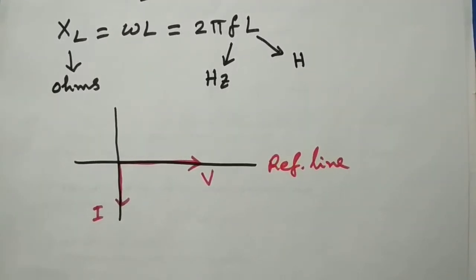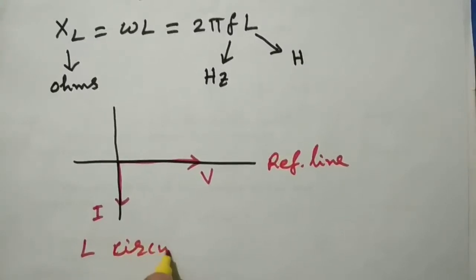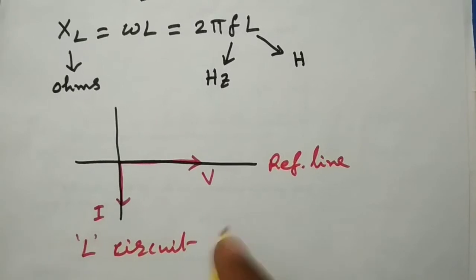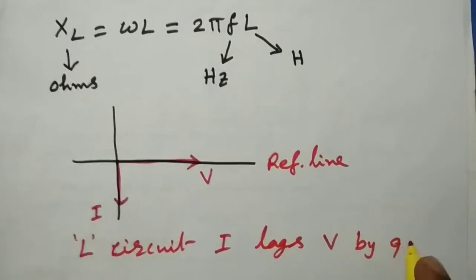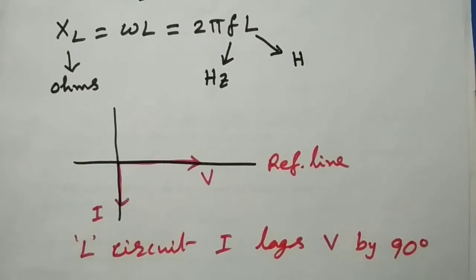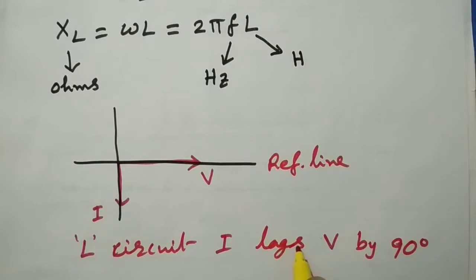So, from the phasor diagram, we can say that for a purely inductive circuit, current lags the voltage by 90 degree. So in a purely inductive circuit, current will always lag the voltage by 90 degree.